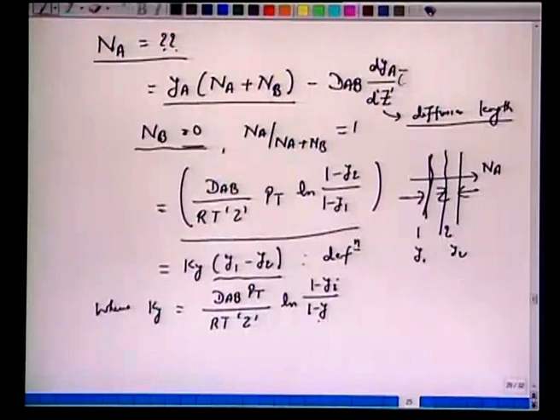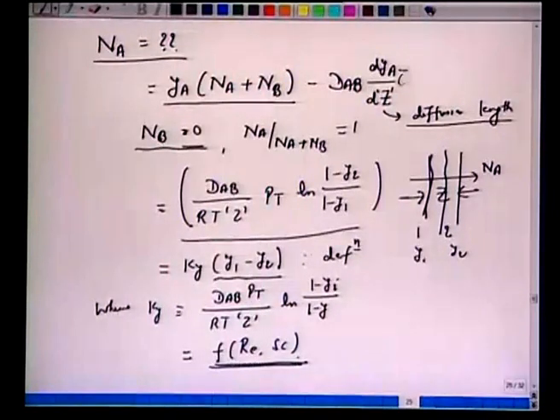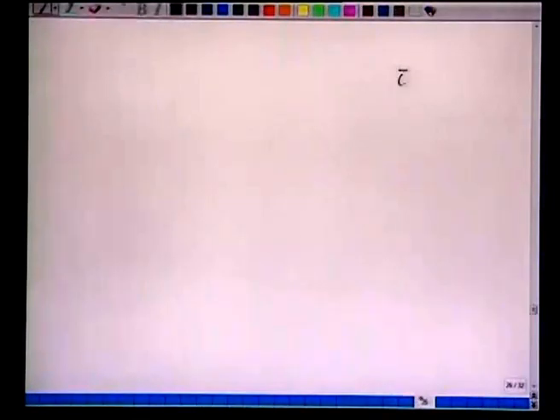Ky is the mass transfer coefficient. Of course, this is a very general expression, but in our case we have said earlier that we calculate Ky from Reynolds number and Schmidt number, or from Sherwood number, or from some correlations. Which means now we go back and write G dy over (1 minus y). This is the change in the gas phase, and this equals the flux, which is Ky (y minus yi).